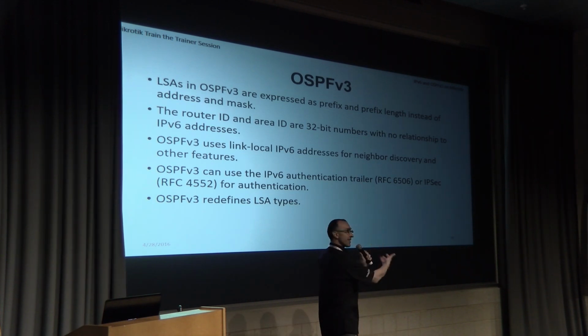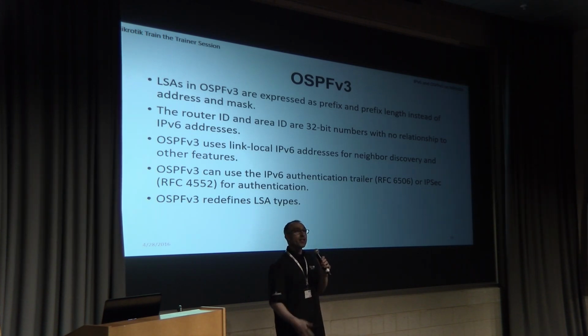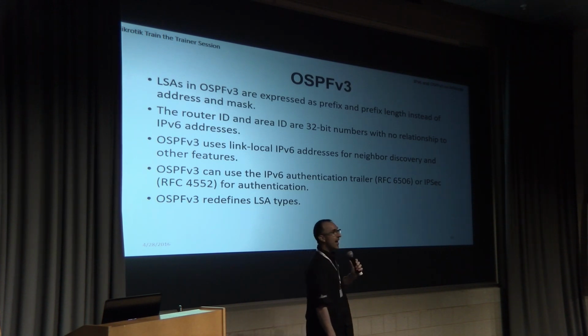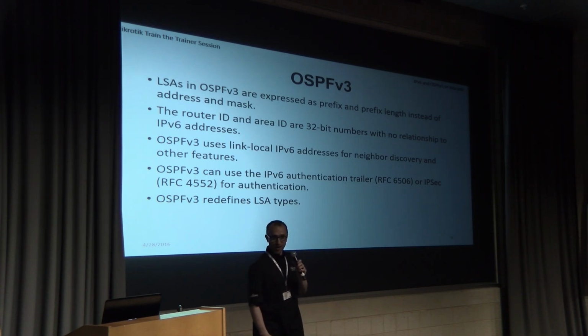MikroTik supports it. So your implementations, either for your CPEs, for your internal servers, or what have you, can be done with IPv6. So please consider it, and I hope to hear some comments next year from those guys that were able to do it.